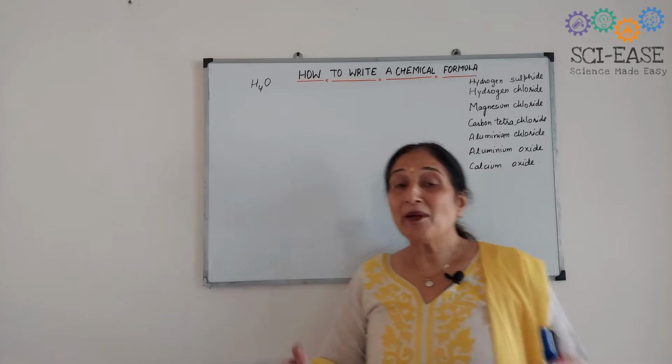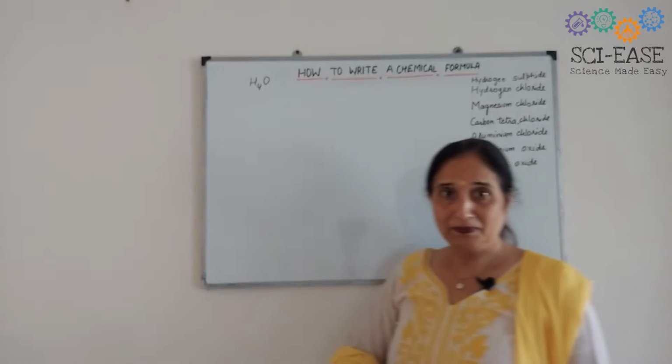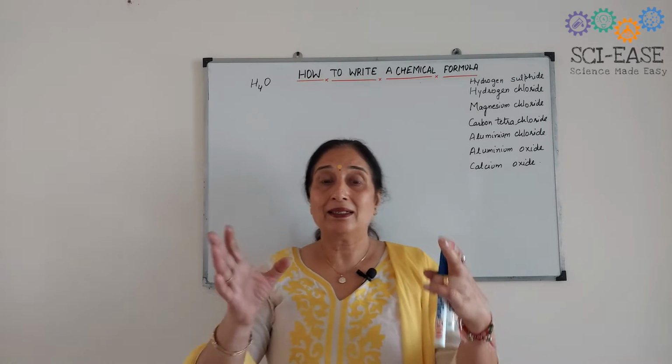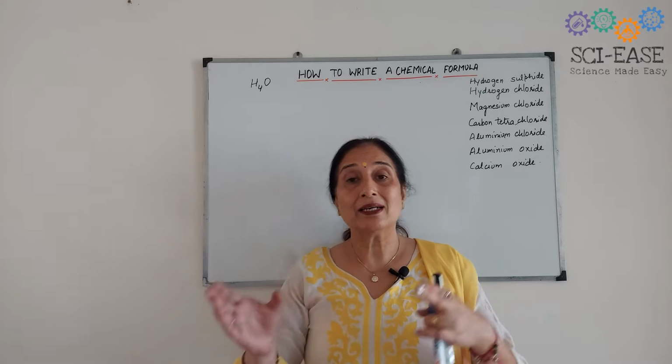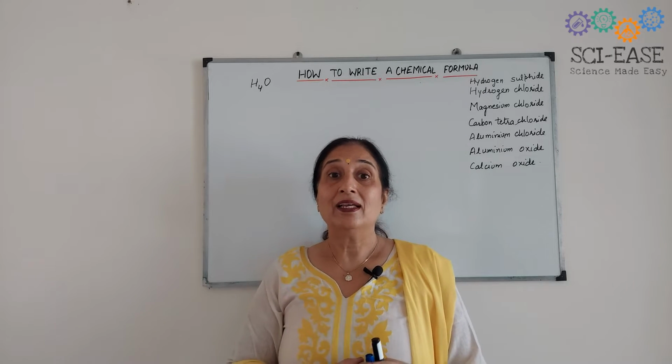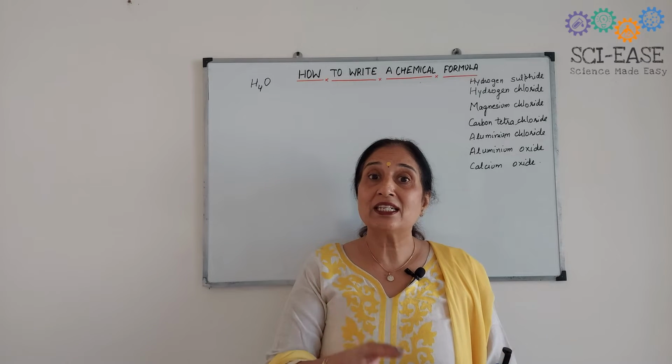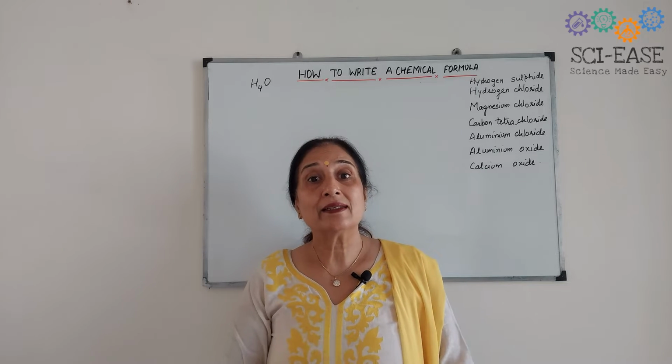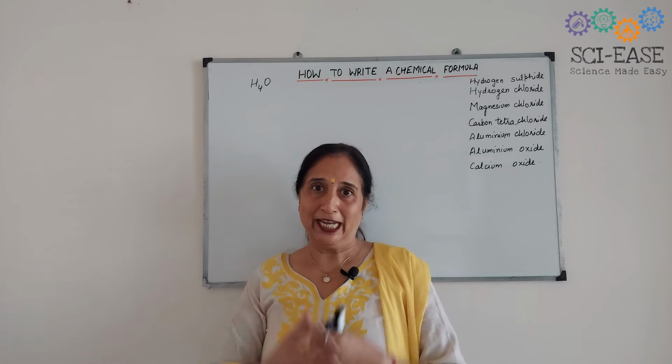Now, in this video, I'm going to tell you how to write a chemical formula. You know that chemical compounds which have very lengthy names are written in terms of chemical formulae.